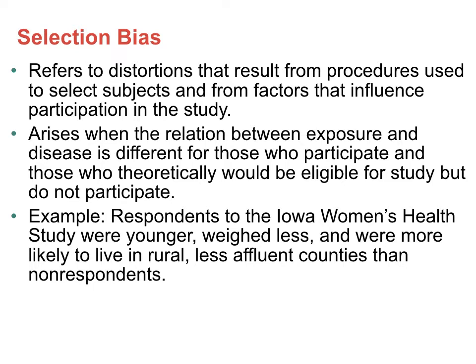These people who participated were younger, and more likely to live in rural areas and less affluent counties than the non-respondents. So if this study were supposed to represent Iowa, it would really only be representing the rural part of Iowa, looking at lower socioeconomic status, and not the entire state.